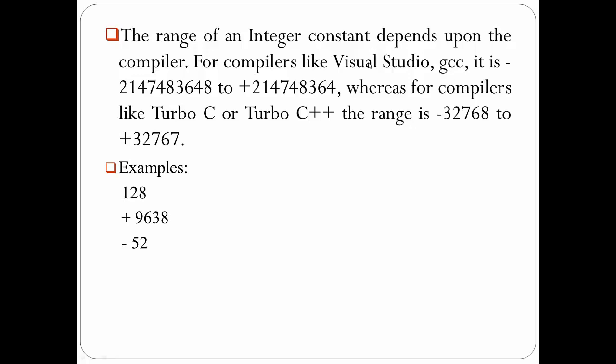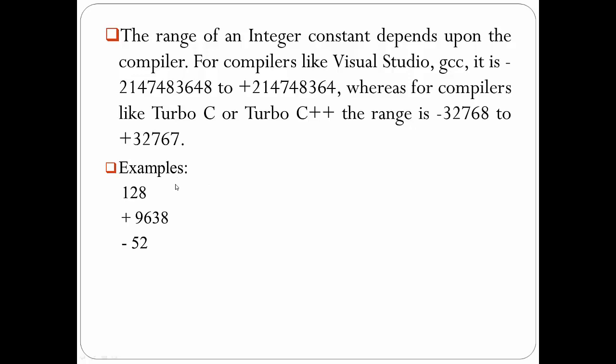Here are a few examples of the software which provide these compilers, like Visual Studio. Then we have the GCC compiler. These compilers support the range shown here, whereas we have other types of compilers like Turbo C, for which the range is quite low, that is -32,768 to +32,767.